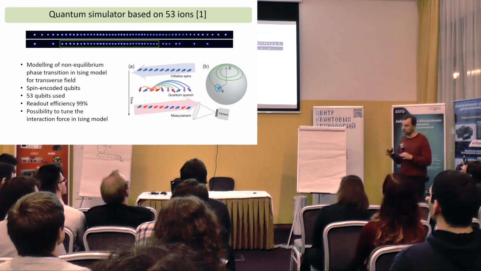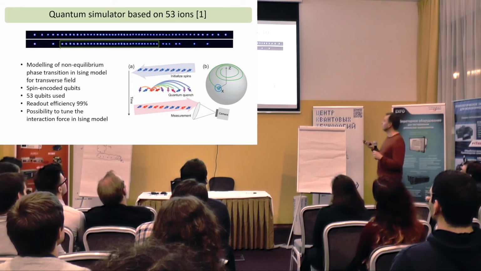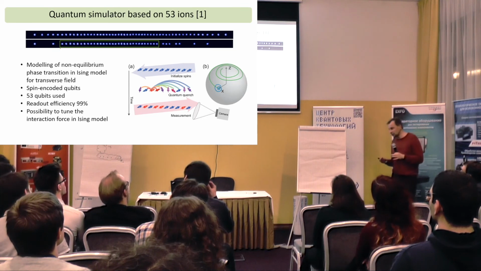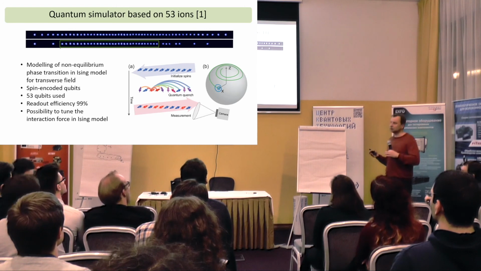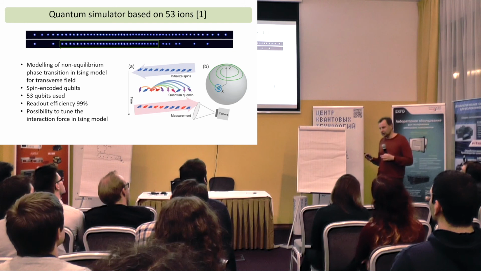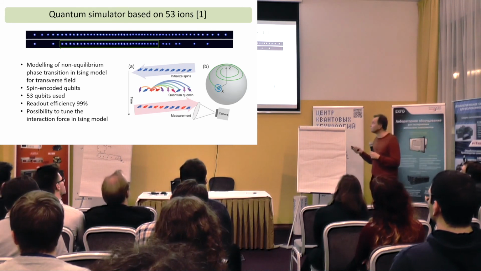I wouldn't say change, but tune the Hamiltonian, and do some nice tricks with this complex entangled system, and maybe demonstrate at some moment that it's more powerful for some applications compared to classical computers.